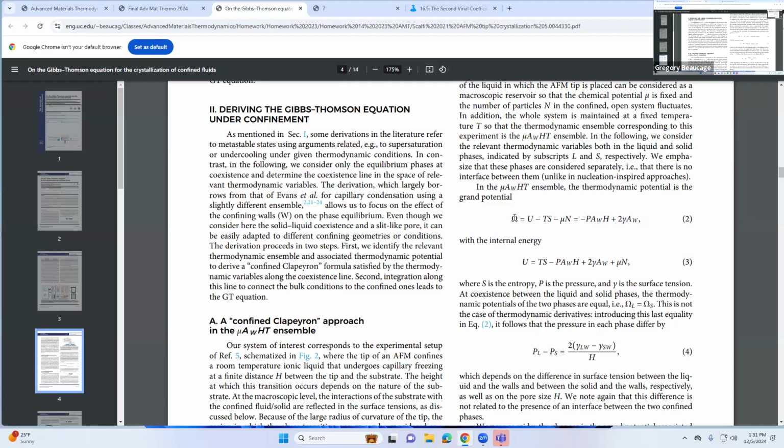If you have the Helmholtz free energy, it's U minus TS, so it's a Helmholtz free energy, and that's the constant volume one, right? So U minus TS is the Helmholtz free energy. And then he writes U as TS.